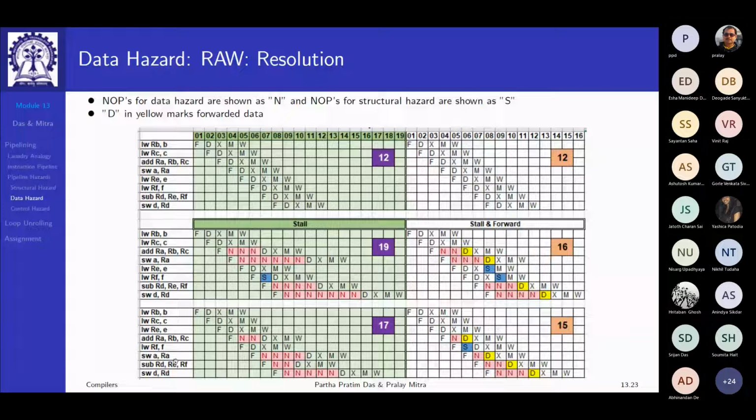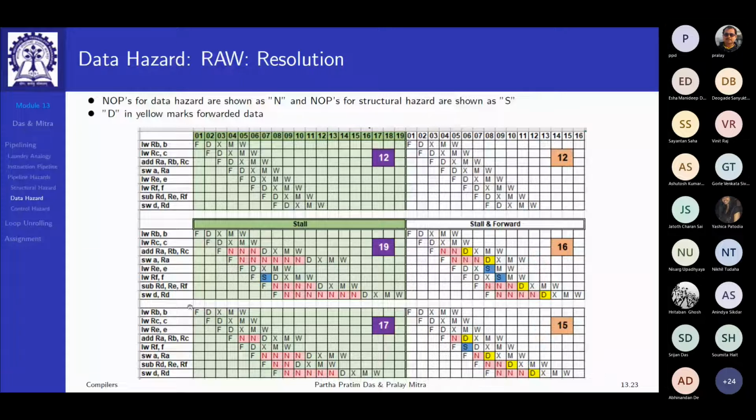The basic intuition here is that these instructions are independent of the earlier instructions in terms of data. So they can be executed in the cycles that we are losing because of stalling, and the stalls should decrease because of that.